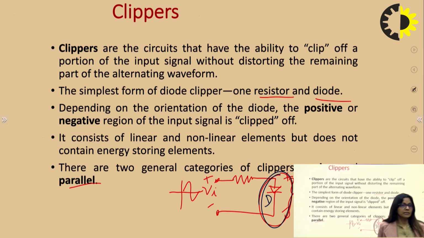So it is very easy to find out whether the clipper circuit given is a series clipper or a parallel clipper. If the output is being taken across the diode, then it is called a parallel clipper, and if the output is being taken across the resistance, then it is a series clipper.